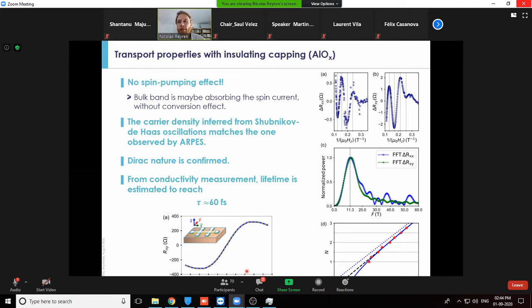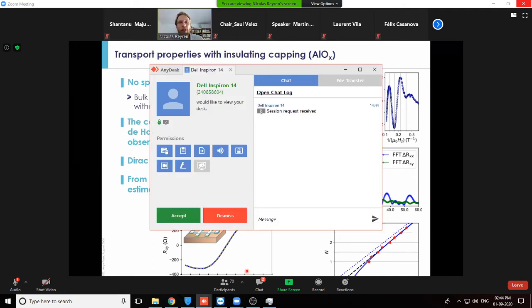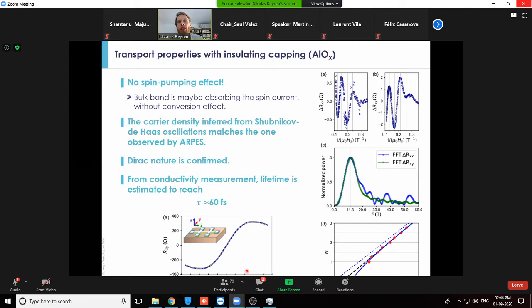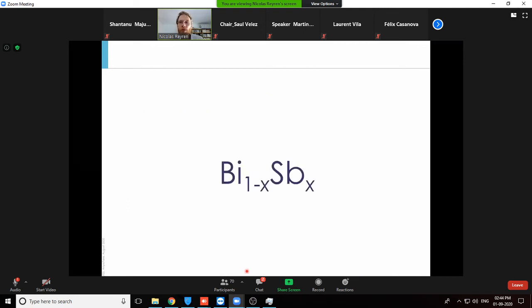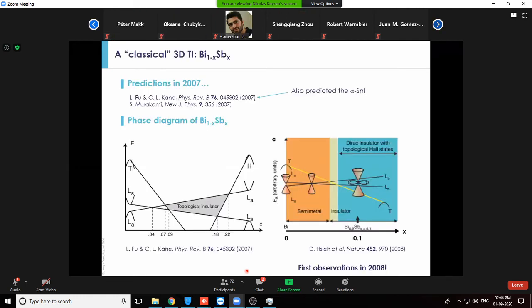And this is related, in fact, to the fact that the gap in the alpha-tin is only a few tenths of meV, a few times 10 meV, and it's related also to the strain, so we cannot really control this. We decided to switch to another system, the bismuth antimonide. This one, as I said at the beginning, was also predicted in 2007 by Fu and Kane.